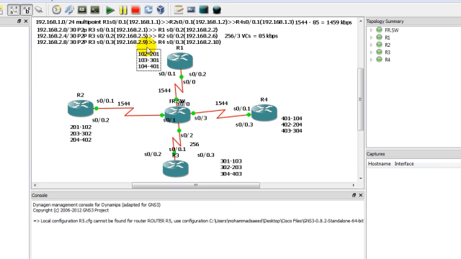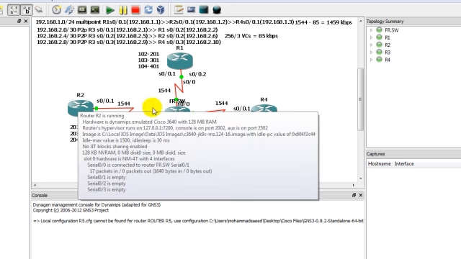As you see here, I have 3 DLCIs: 102 to 201 from router 1 to 2, this DLCI from router 1 to 3, and this DLCI from router 1 to 4. Also router 2, I want to make a PVC, permanent virtual circuit, with DLCI 201 to contact router 1 with 102, and also 203 between router 2 and router 3, and also between router 2 and router 4.